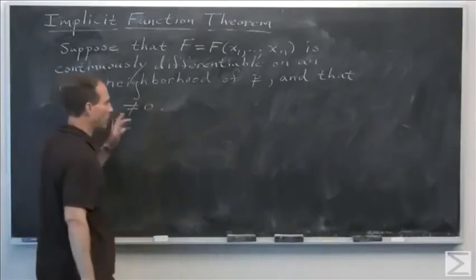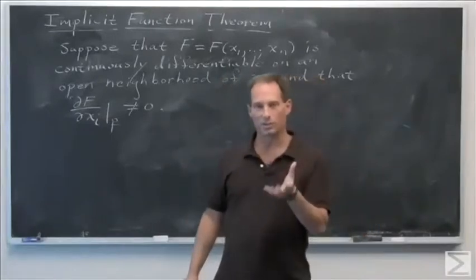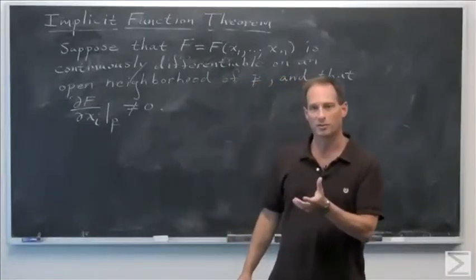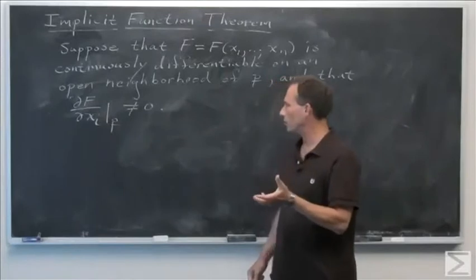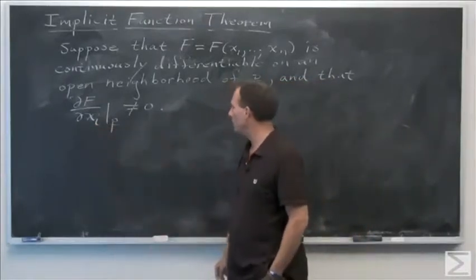So I'm picking a coordinate. The typical assumption is the gradient vector of f is not 0 at P, but that means one of the partial derivatives is not 0 at P, and I need to actually look at a coordinate where that happens.